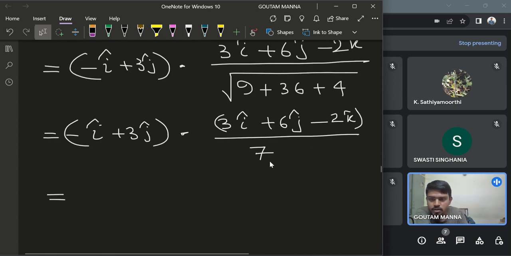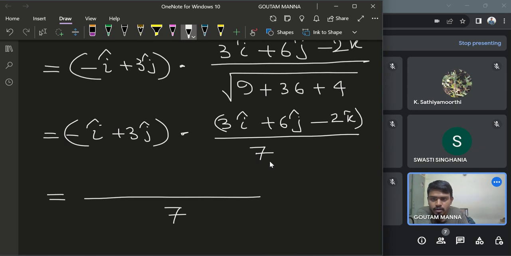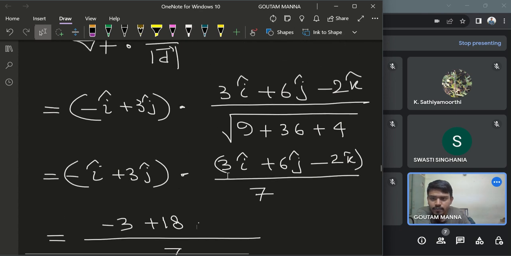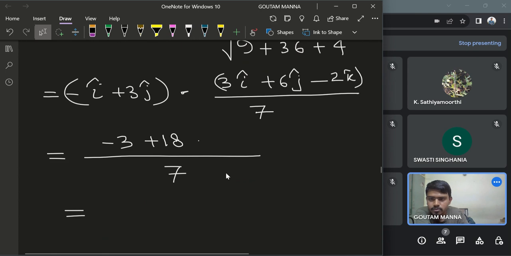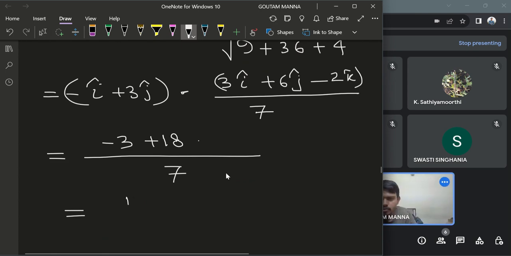And if you do the dot product, in the numerator it will be minus 3, and if you multiply the j components it will be plus 18, and then there is no k component, so it will be just minus 3 plus 18. So it will be 15 by 7.